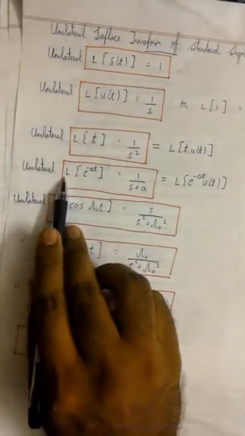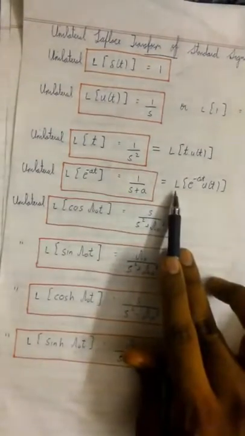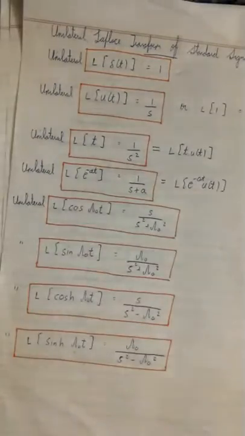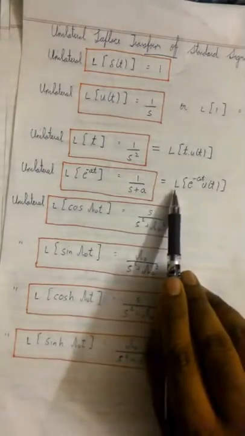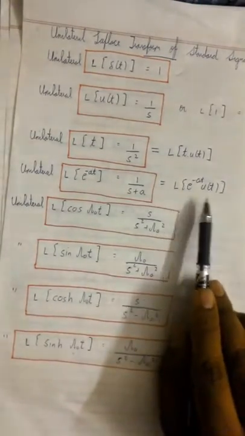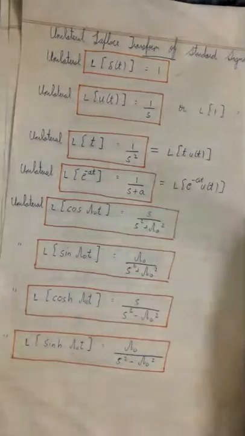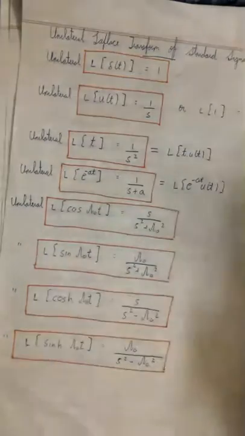This L represents unilateral Laplace transform, whereas this L represents normal Laplace transform. So for normal Laplace transform, you have to multiply the given signal with u of t in order to make it unilateral, or in order to make it a causal signal.